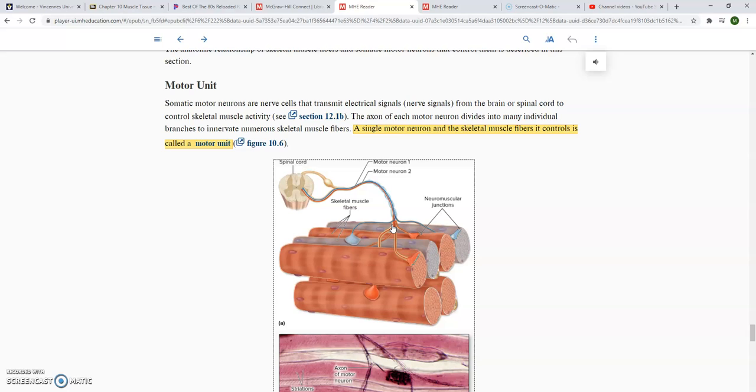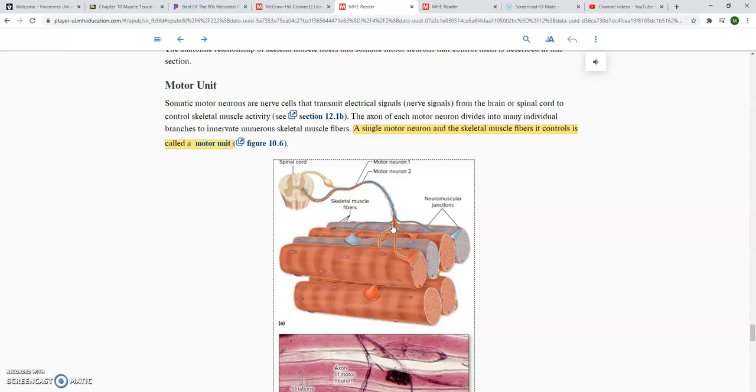So in that case, there's going to be more motor neurons sending nerve impulses to more skeletal muscle fibers, so more recruitment of motor units, so that more of my skeletal muscle cells in my biceps brachii are going to contract so that I have enough force to overcome the weight of that textbook and pick it up off the table.